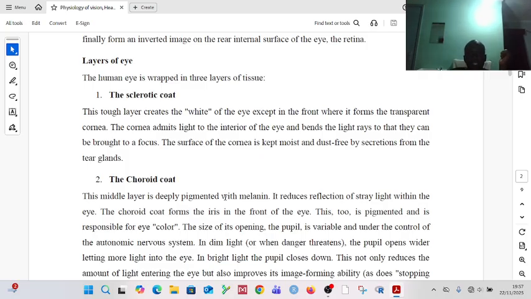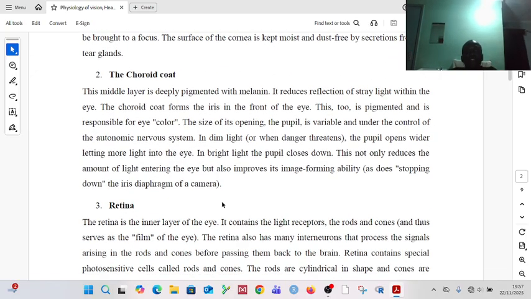So the second layer is the choroid coat. This is the middle layer, and it happens to be deeply pigmented with melanin. Melanin is dark, so as you would expect, this choroid coat would be dark. Because of this dark color, the choroid coat helps to reduce the amount of reflection.